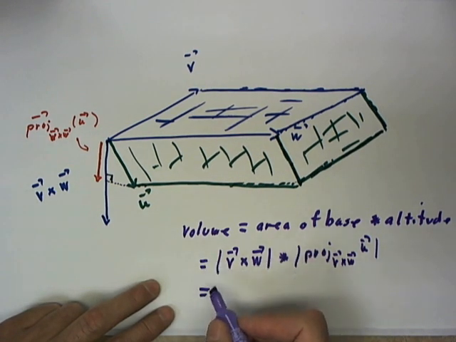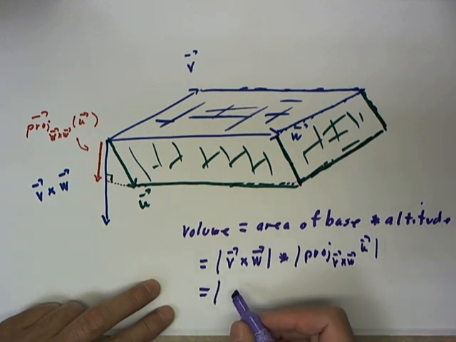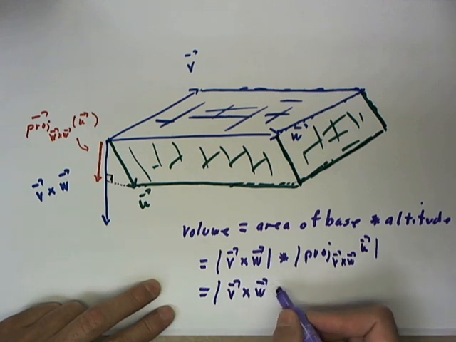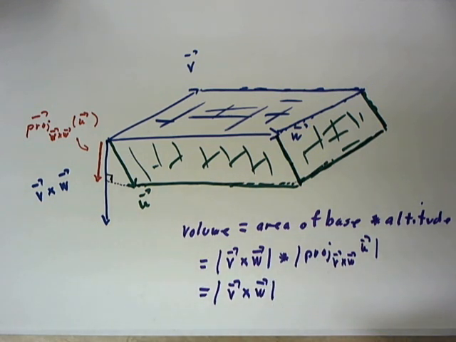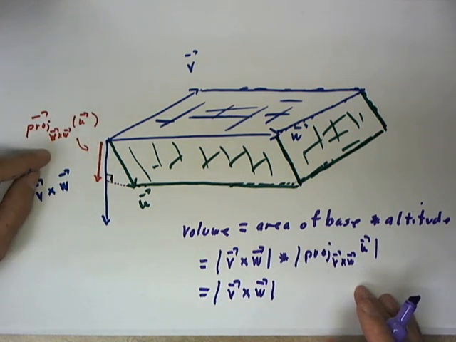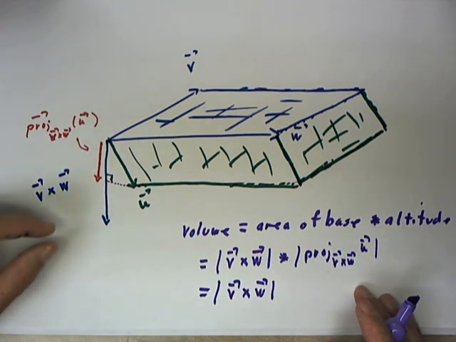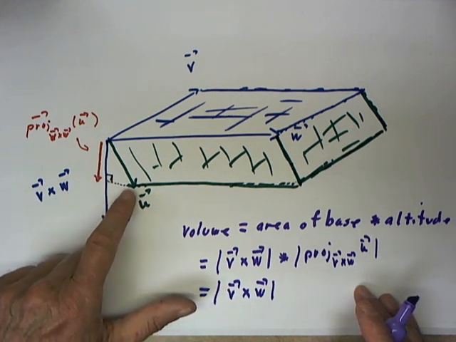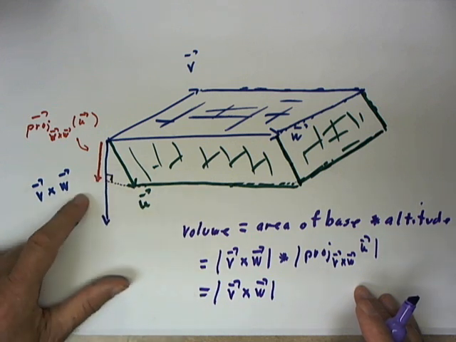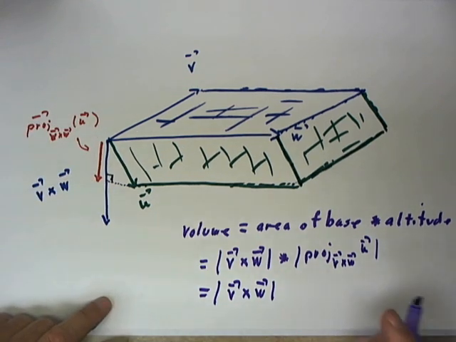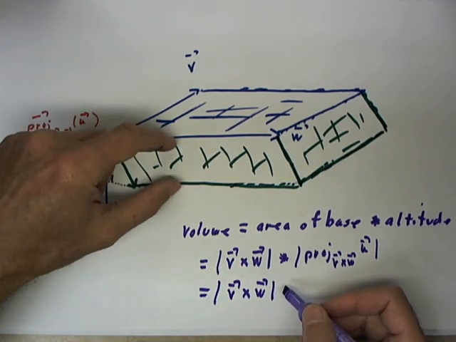This, in turn, has a magnitude that's equal to the magnitude of V cross W, and I shouldn't have put the absolute value signs around that. We're looking at how we calculate the projection onto V cross W of the vector U. Well, we project U onto V cross W by doing the dot product of U with V cross W, dividing by the magnitude of V cross W, and that's going to be the altitude of our figure.